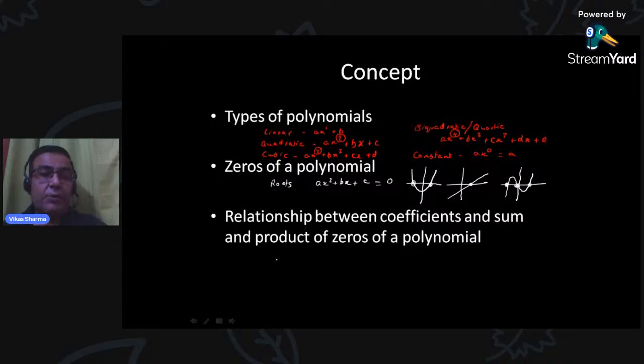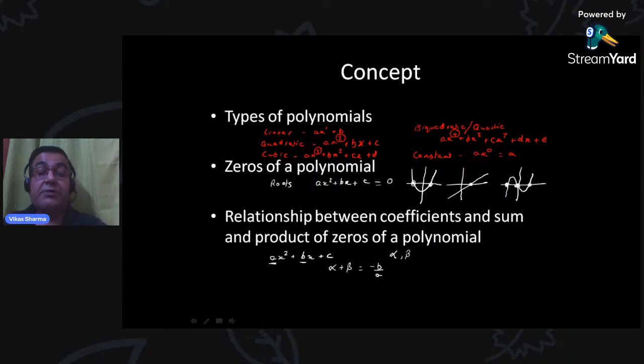If we have a polynomial like ax square plus bx plus c, and let's say that there are two zeros, alpha and beta, then if you find the sum of the two roots, alpha plus beta, you'll notice that it is going to be minus b upon a, which means you take b divided by a and take the negative of that.